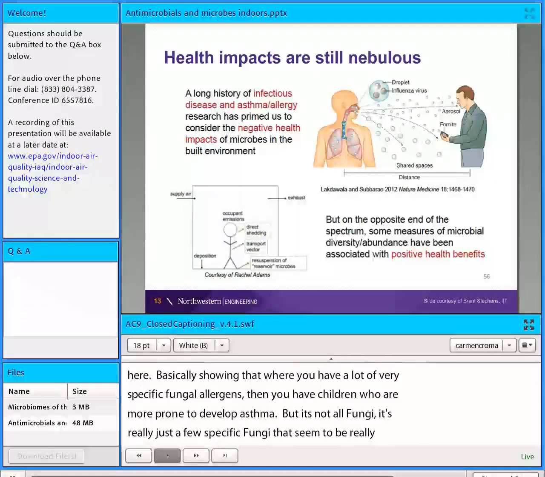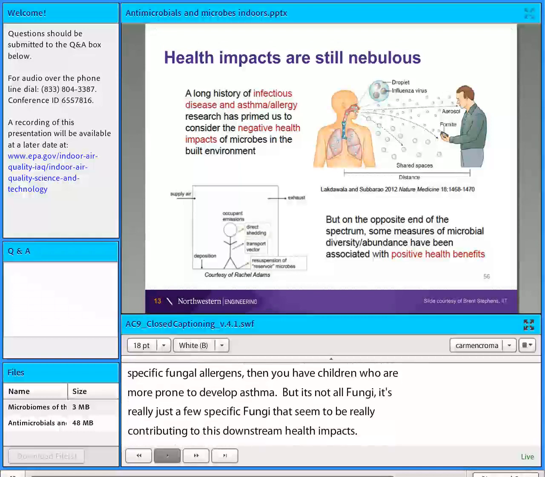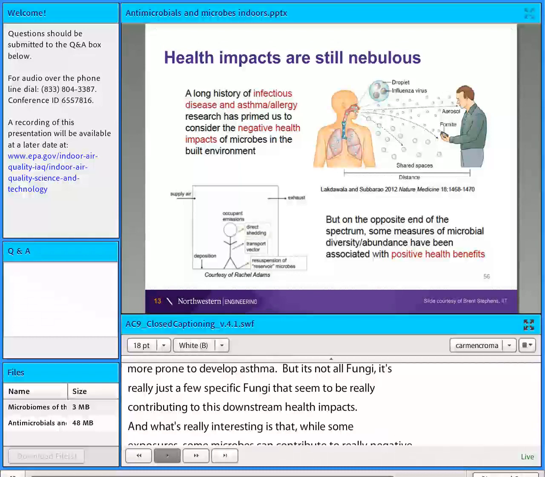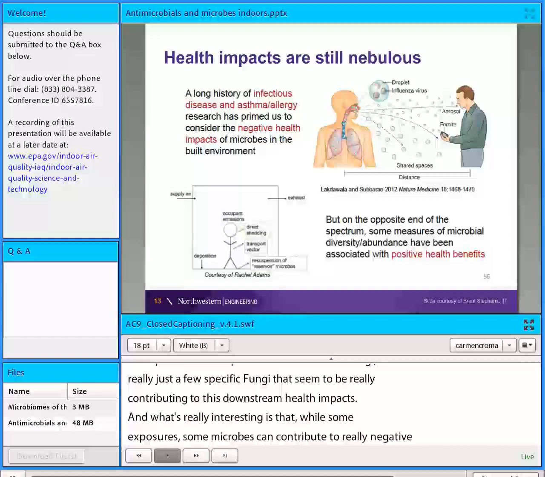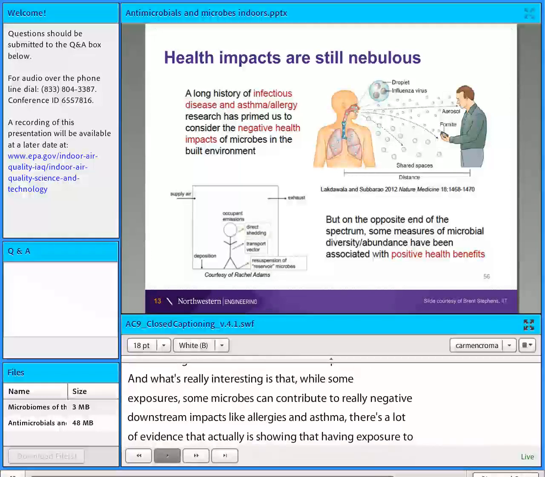And what's really interesting is that while some exposures, so some microbes, can contribute to really negative downstream impacts like allergies and asthma, there's a lot of evidence showing that exposure to a diverse microbial community can actually have quite positive health benefits.